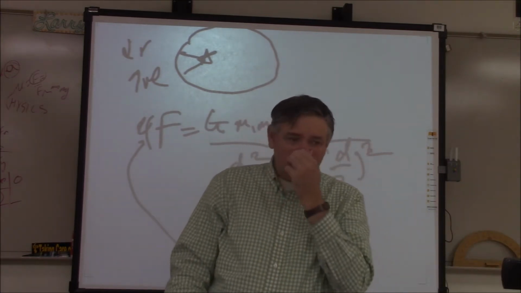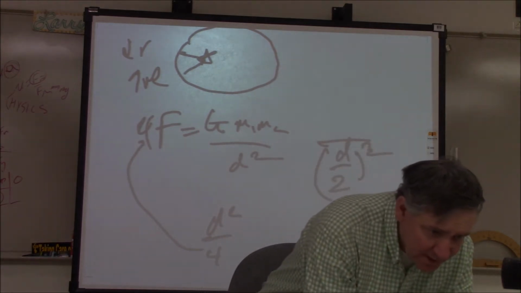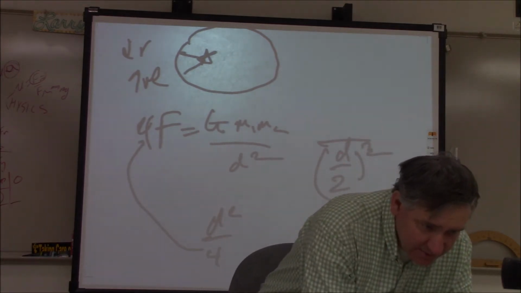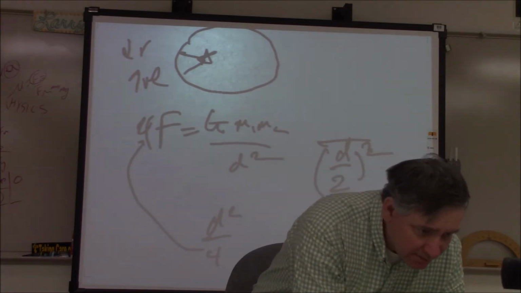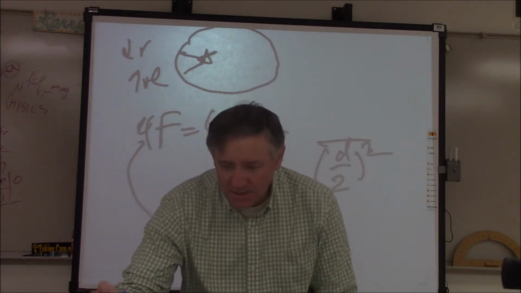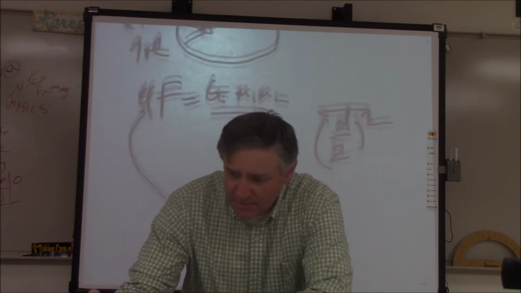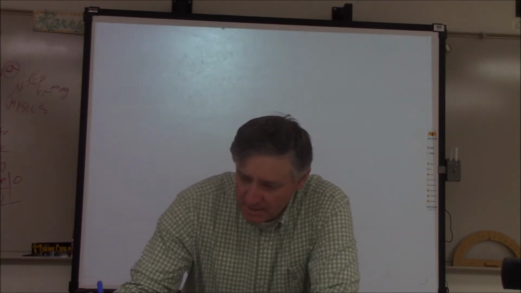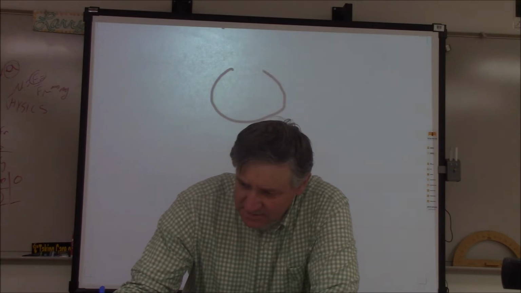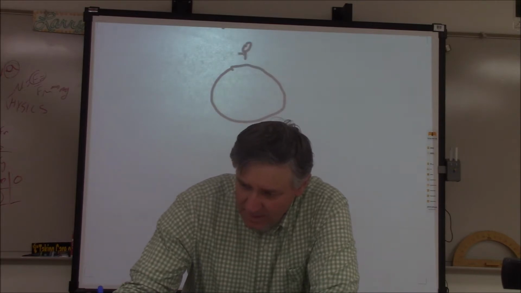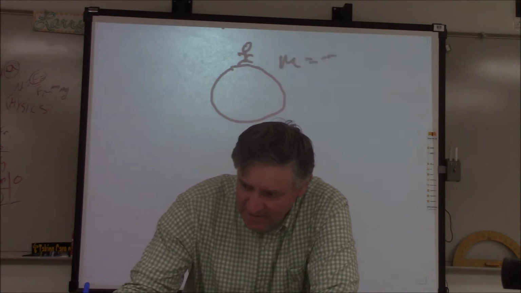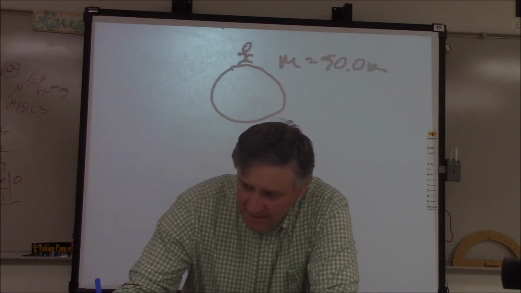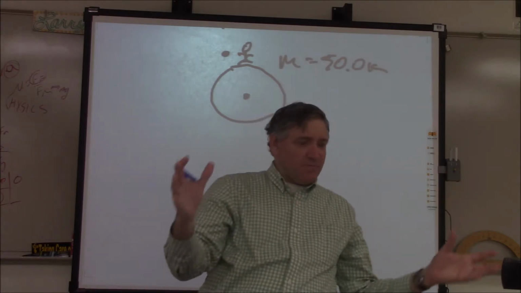All right. So here's what we had going yesterday. Okay, we're good. So yesterday, here's what we worked through. We said here was the Earth, and here was Riley, and we said that Riley had a mass of 50 kilograms, and we were treating her as a point mass and treating the Earth as a point mass.